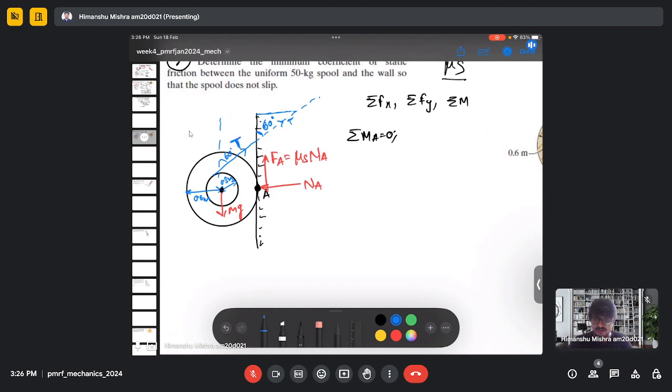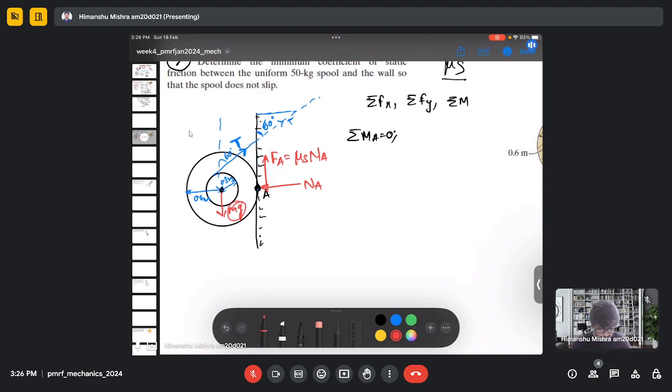Because this is the tension which is acting from some distance from the center to point A, so there will be a moment from this tension, there will be a moment due to the weight, and I can actually relate my tension with the weight.